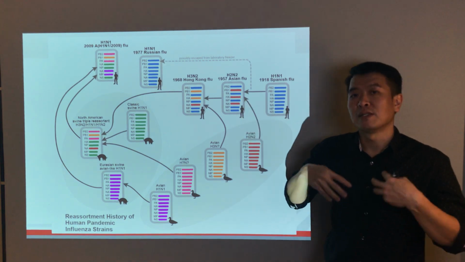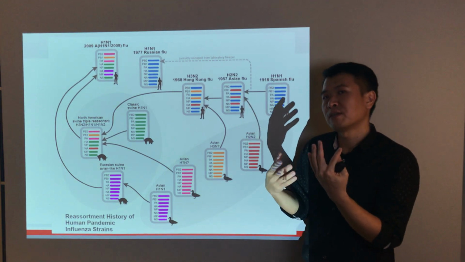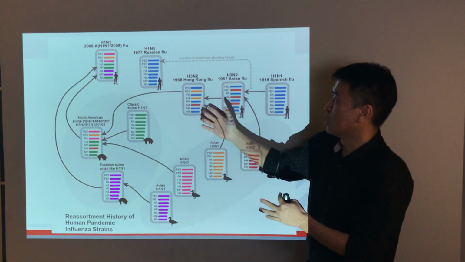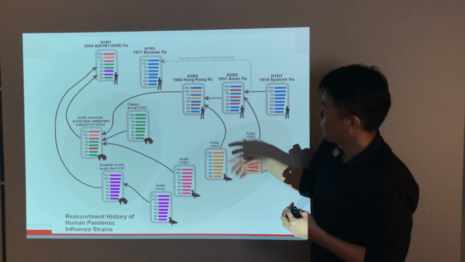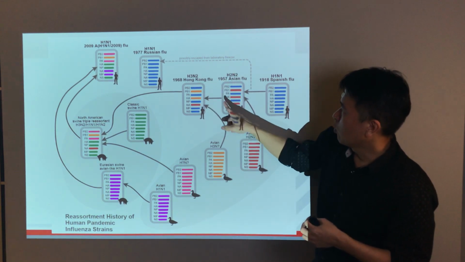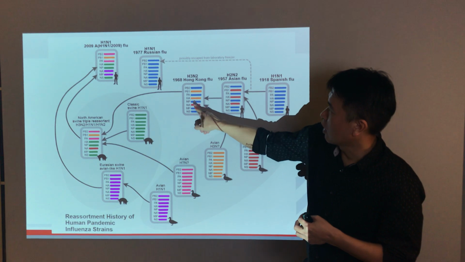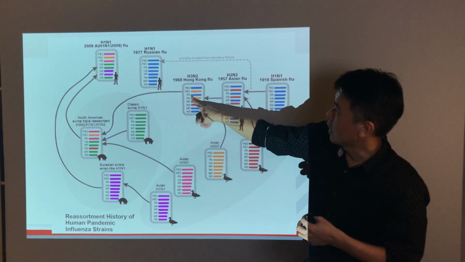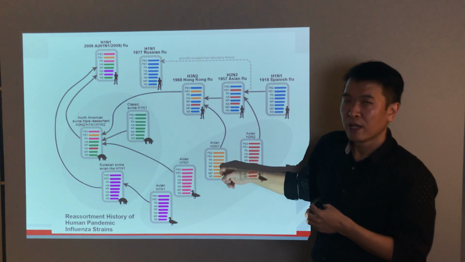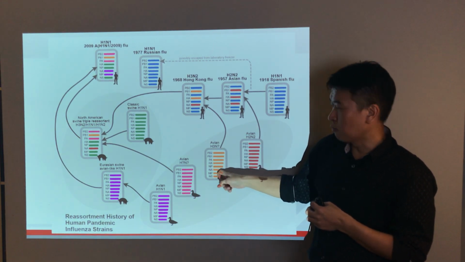Then what happened is, normally when a virus circulates, it will eventually die off when a new strain of virus comes out. So this evolved into another one. There is a change of the HA as well as PB1 from another avian flu virus.